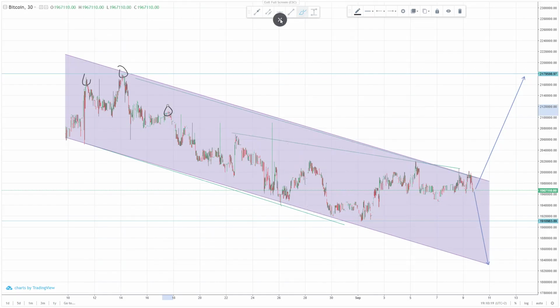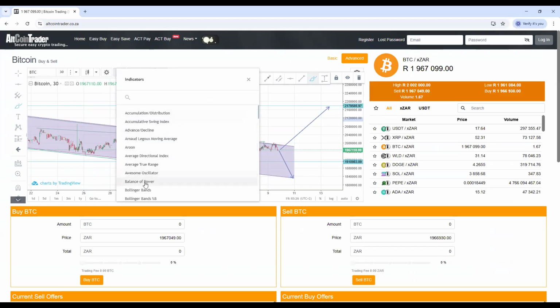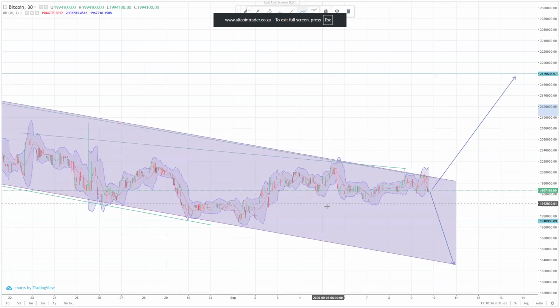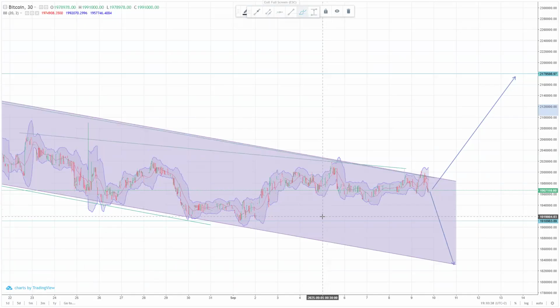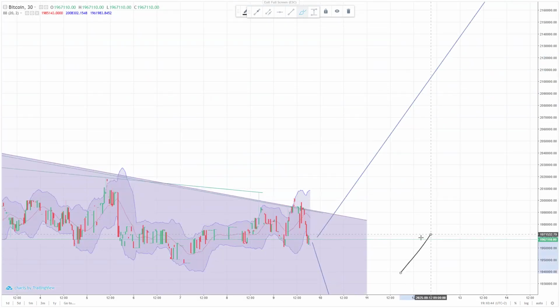One of our other tools that we're going to start using is the Bollinger Bands. So if I click on Bollinger Bands, then I can see, let's make it full screen again, as a day trader, somebody that's trading on a daily basis, I've got a trading range.